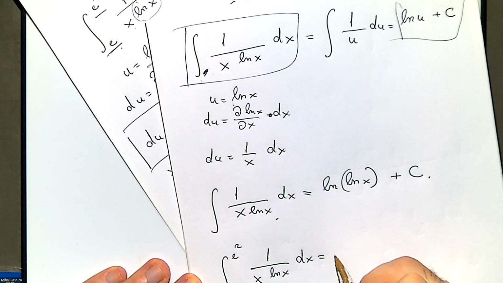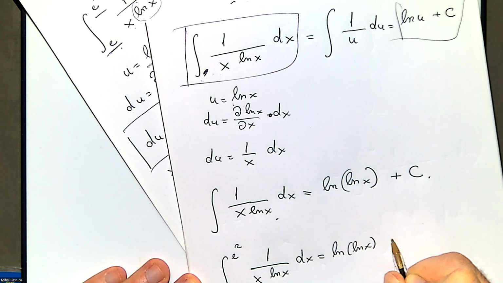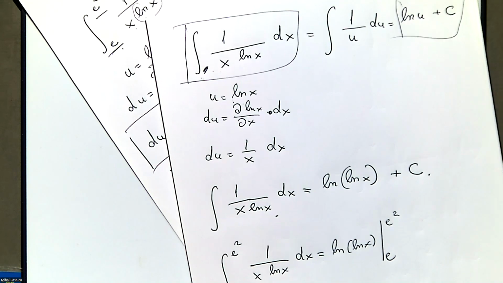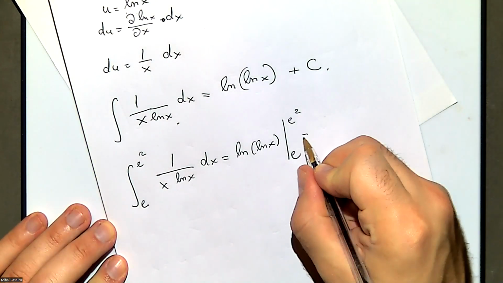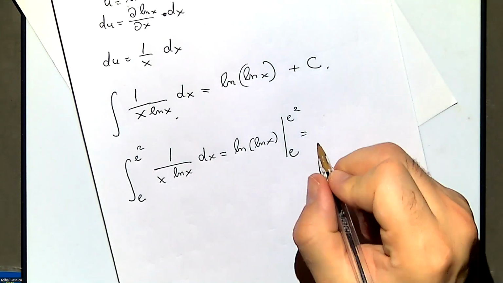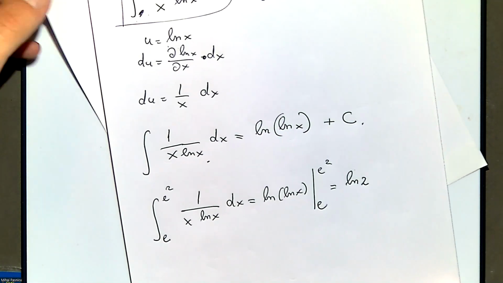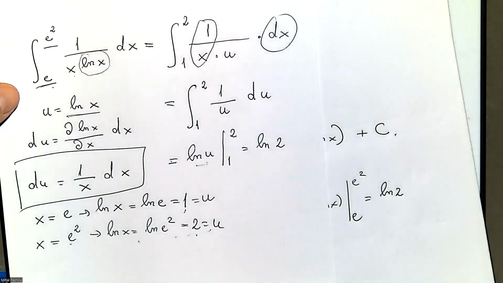And this is just equal to ln of x from e to e squared. And if you were to plug in these numbers, you would get exactly ln of 2. Which is the same answer I got here.